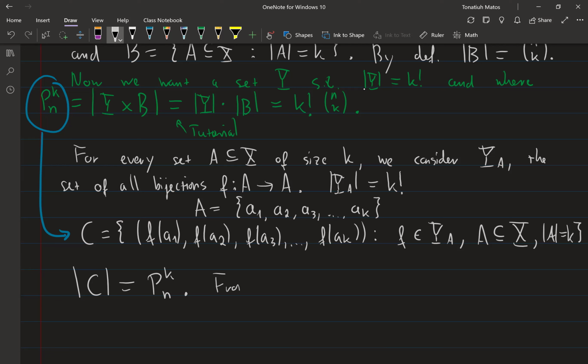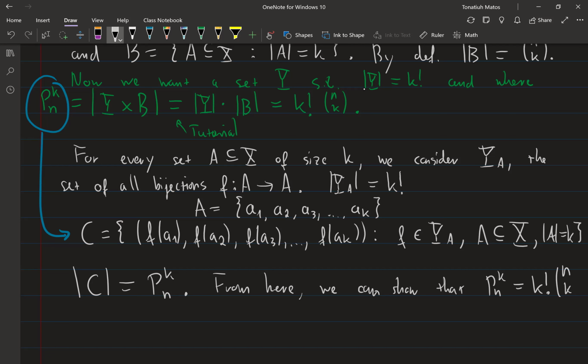So from here, using the idea from before, we can show that P(n,k), which is the set, is the same as first choosing such a set, which we could write as a product, but that's not really that useful because we already have this bijection that I defined.